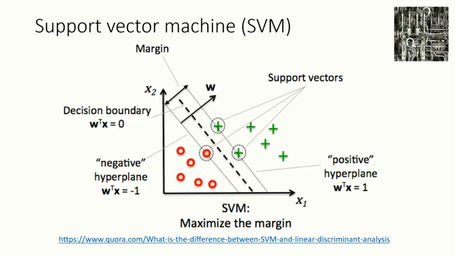So people tried to make this linear algorithm as efficient as possible to do the job. The computation involved in calculating these lines requires much less than computing neural networks. Okay.